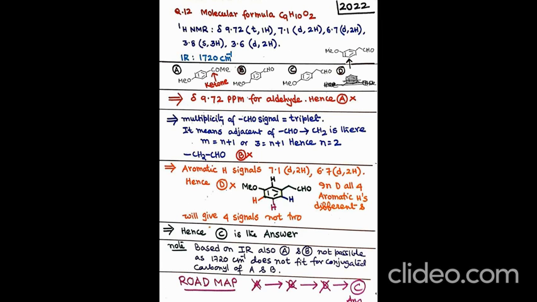It clearly indicates the presence of the para-disubstituted compound, not the meta-disubstituted compound, because in the meta-disubstituted compound the aromatic hydrogen present in between the two functional groups, one methoxy and another CH2CHO, would appear as a singlet. So based on the above analysis, we can consider C as the final answer, not D.